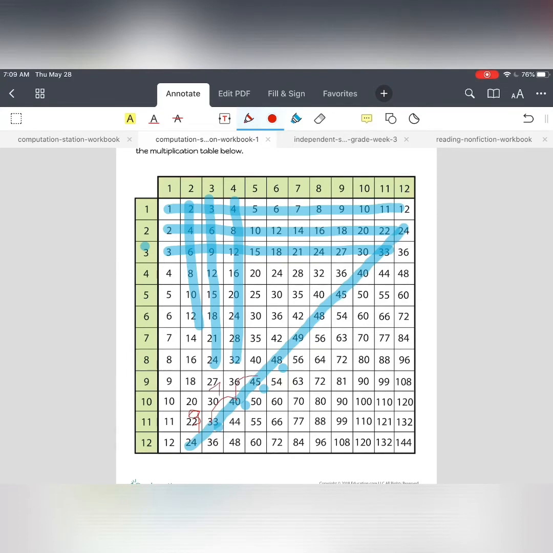From 40 to 45, it goes up by 5. From 45 to 48, up by 3, up by 1. Then it goes the other way by 1, down by 1.